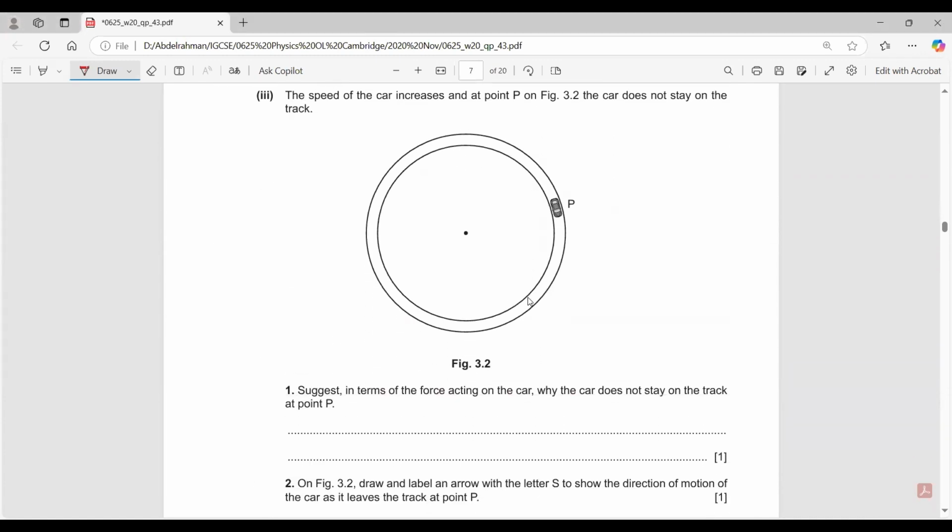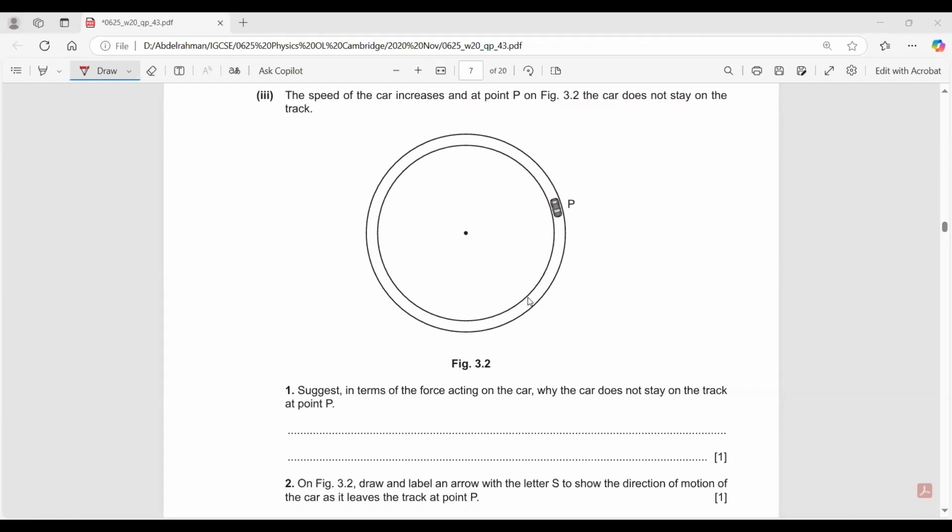The speed of the car increases, and at point P, the car does not stay on the track. So, just in terms of the force acting on the car, why doesn't it stay on the track at point P? As the speed increases, what happens?